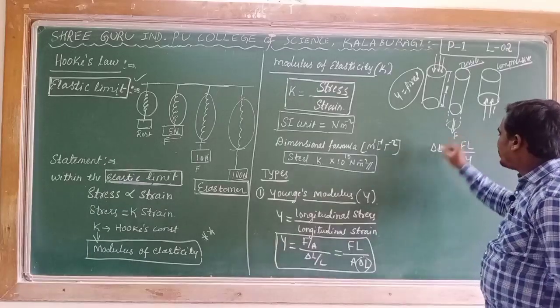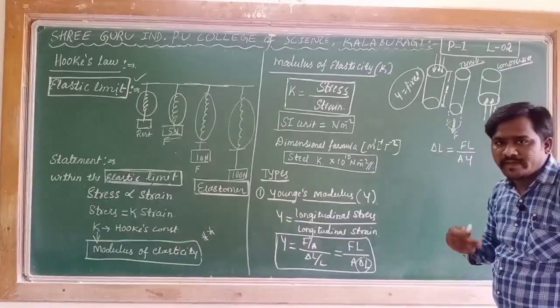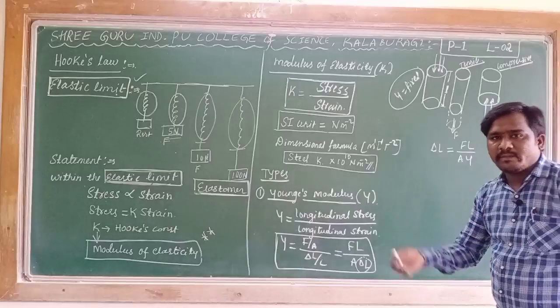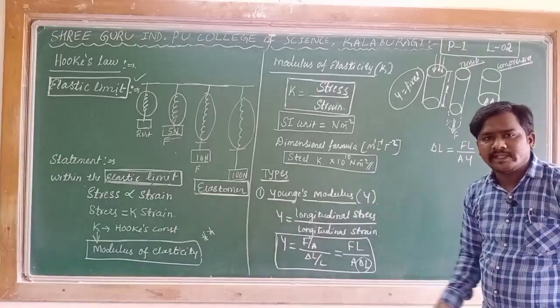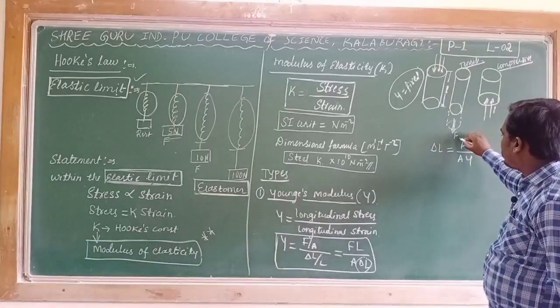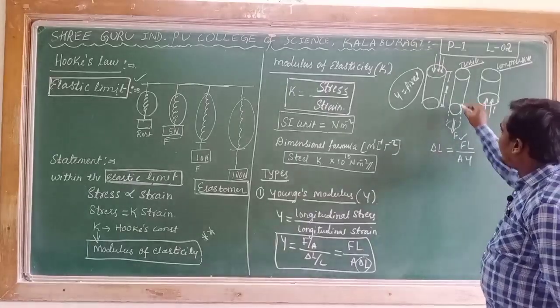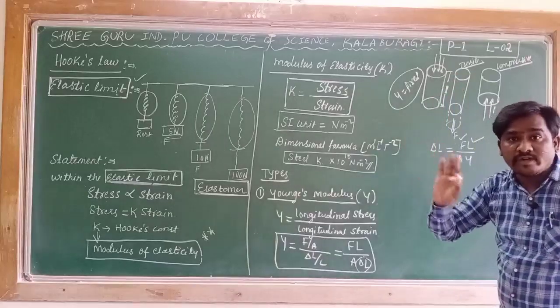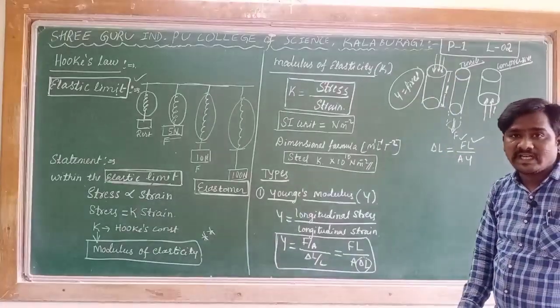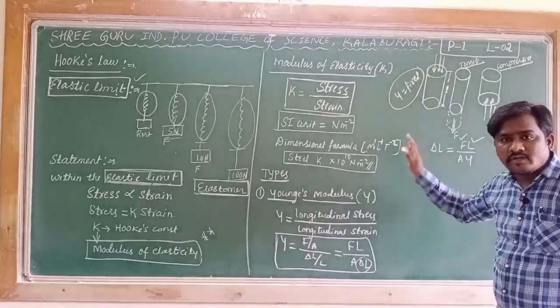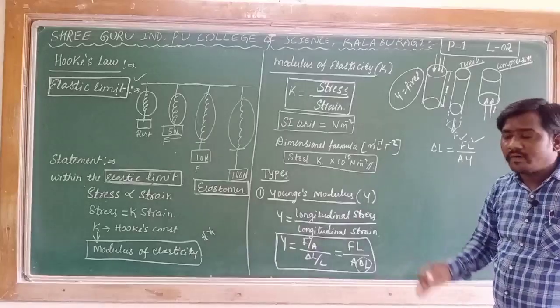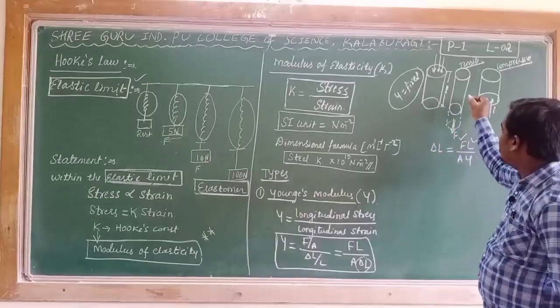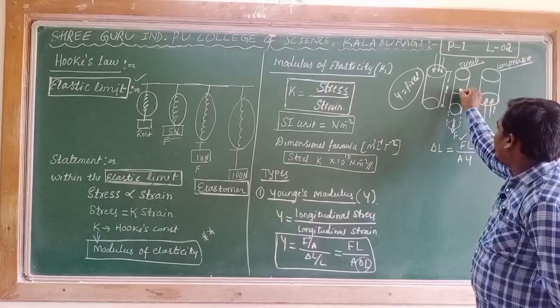Here, force is acting per unit area. We act with a certain force, that may be 5 Newton, 10 Newton, 100 Newton, that is fixed, and the initial length is also fixed, and the area of cross section is not going to change. Already we discussed in the last class: the volume is not going to change, only the length is going to change. Why? Because if the length increases, diameter decreases.